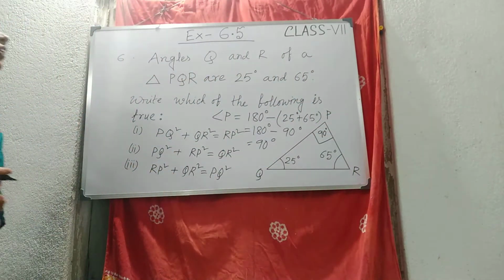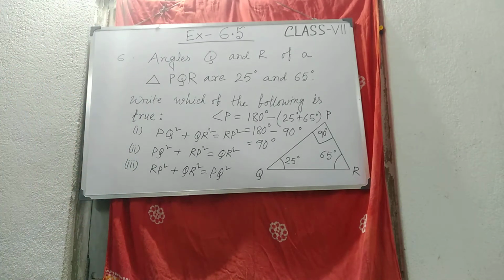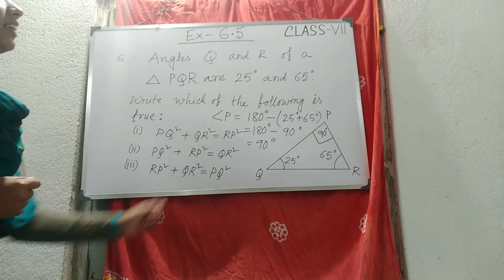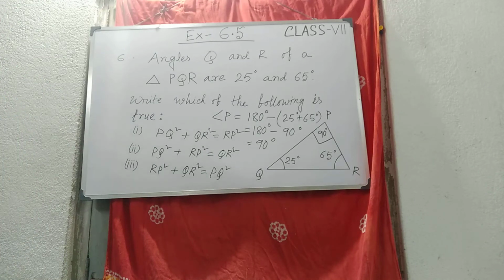So for any triangle, if we get one angle which is exactly 90 degree, then that triangle will be called as right angled triangle. So here we are getting triangle PQR is a right angled triangle. So for the right angled triangle PQR, can we use any property?